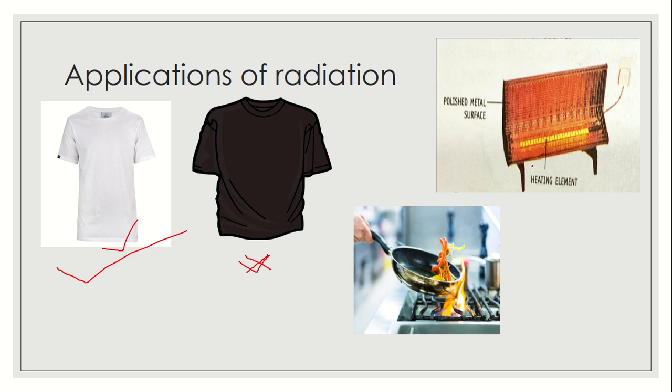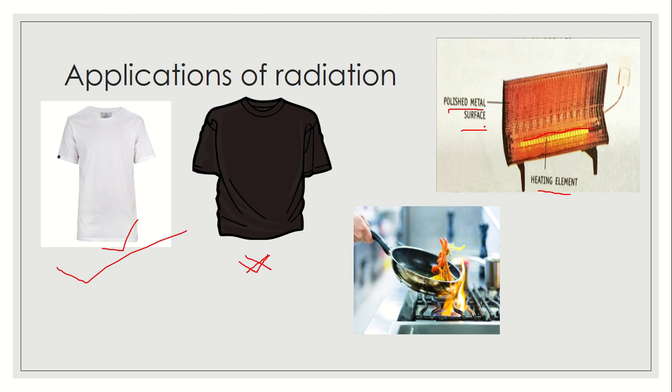Now there's one more example: the electric heater. The heat from the heating element reaches us by the reflection process. The polished metal surface is made of a substance that reflects the radiant energy so that the heat can reach us.